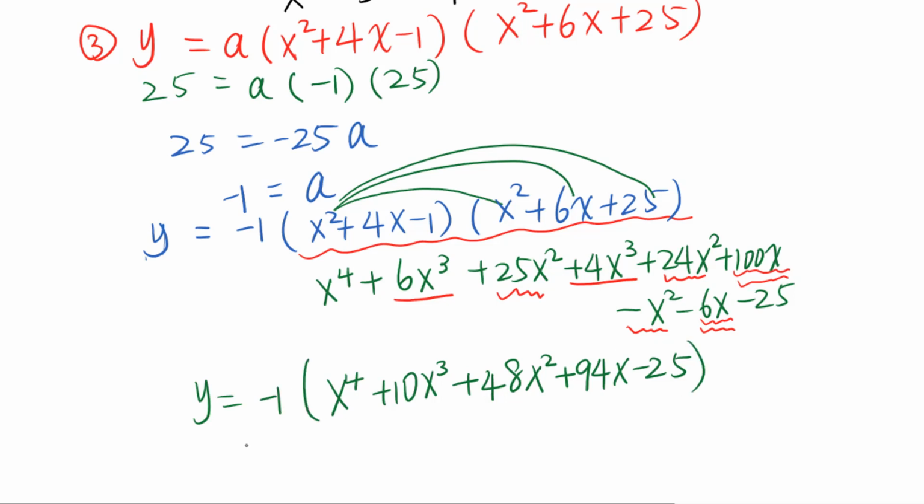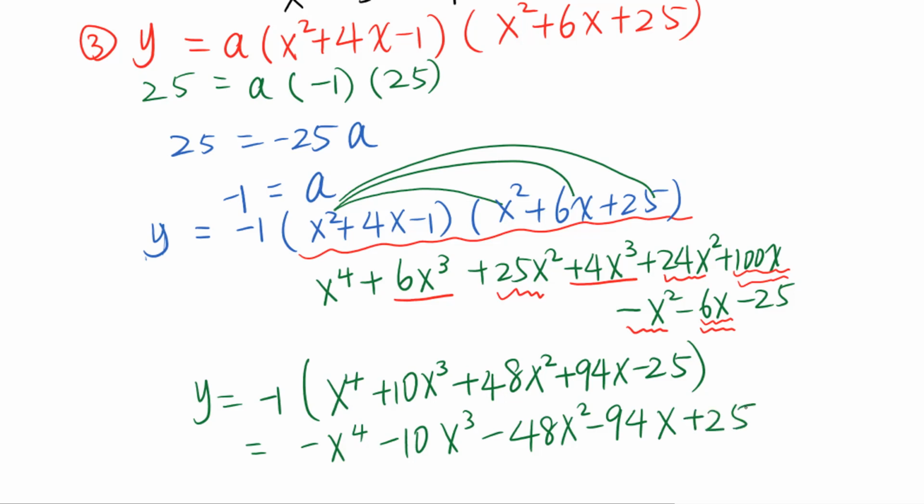We just need to change the sign. That will be negative x to the fourth power minus 10x third power minus 48x squared minus 94x plus 25. This will be the polynomial function we are looking for.